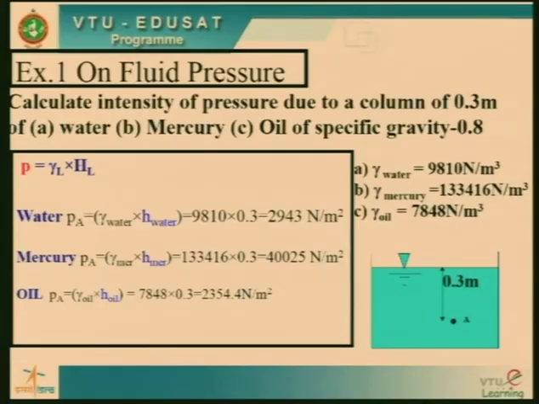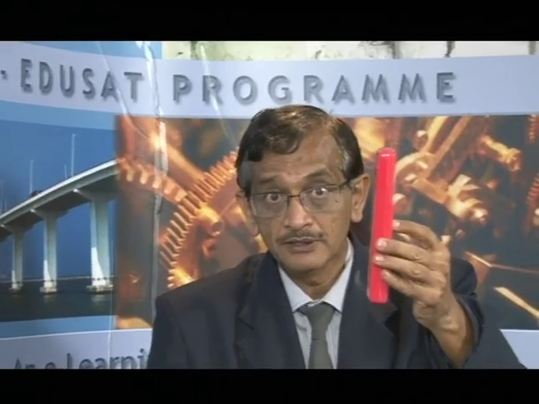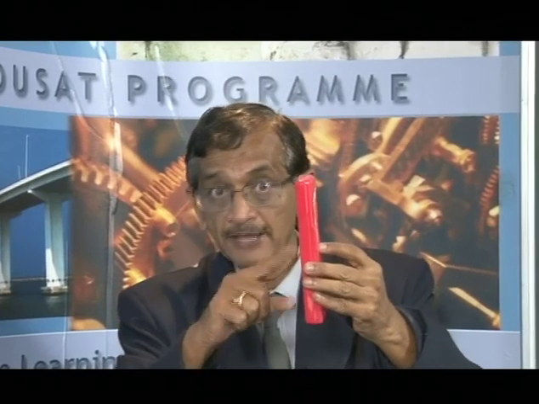The tank has a depth of 0.3 meter. I would like to know what is the intensity of pressure if this tank is filled with water, again if this tank is filled with mercury, and again if the tank is filled with oil of specific gravity 0.8.